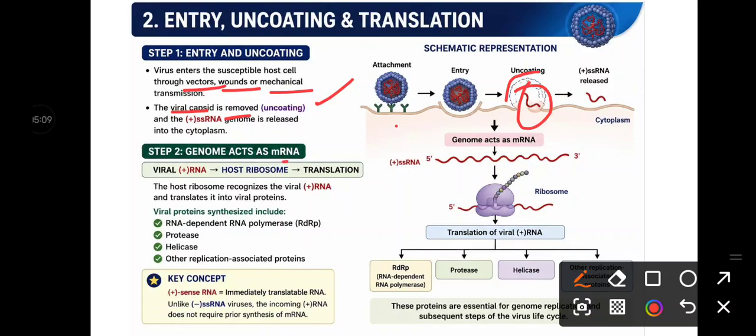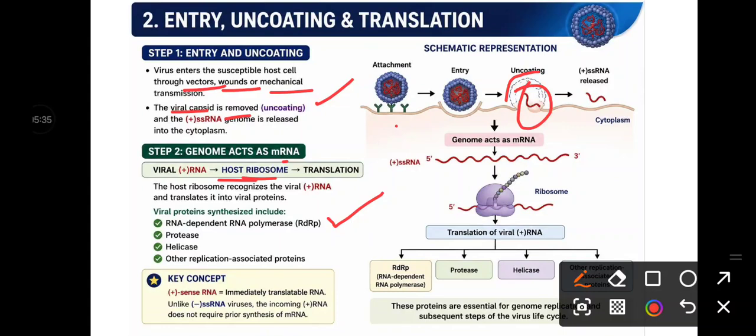As it has the same polarity as the cellular mRNA, it directly acts as mRNA, and by hijacking the host translational machinery, that is the host ribosome and host RNA dependent RNA polymerase, it will start translation.